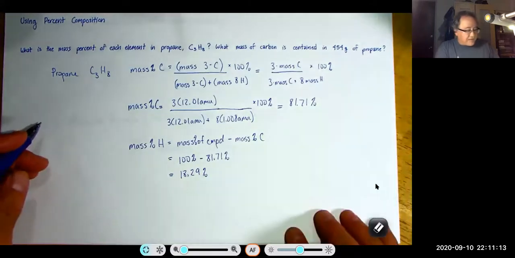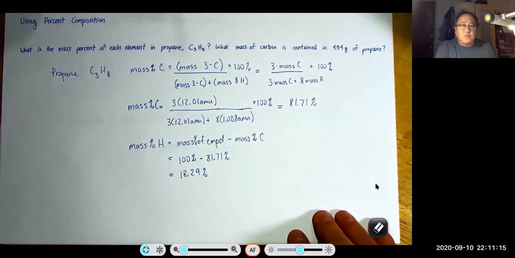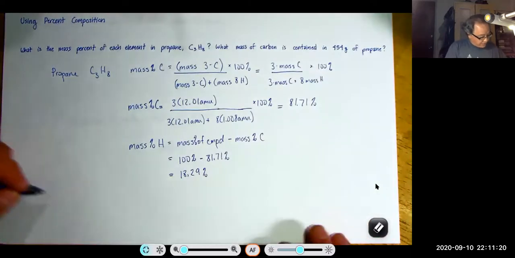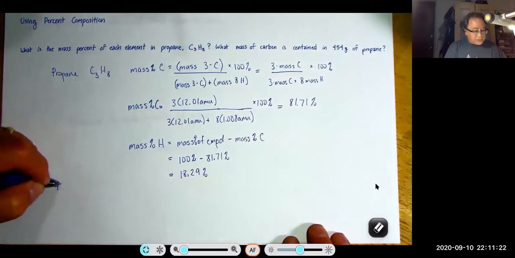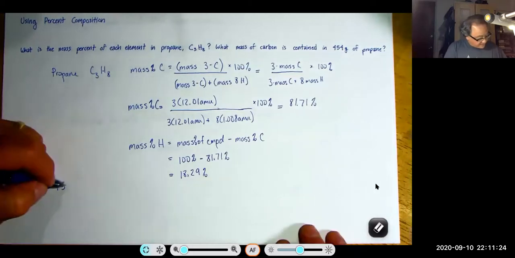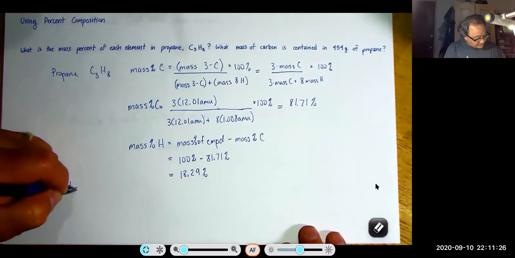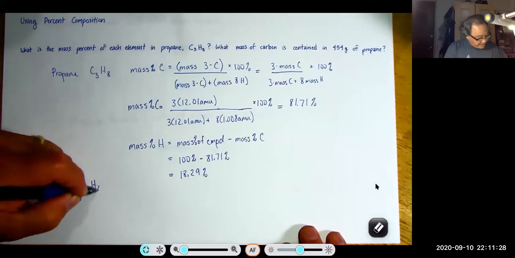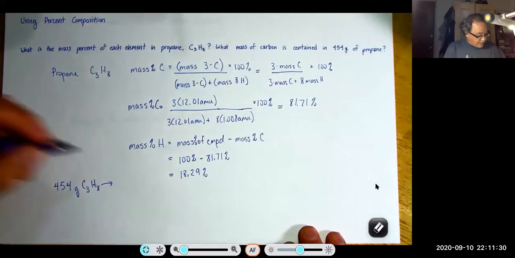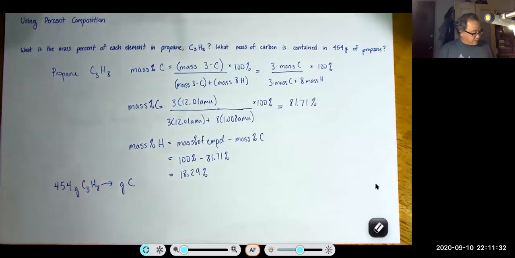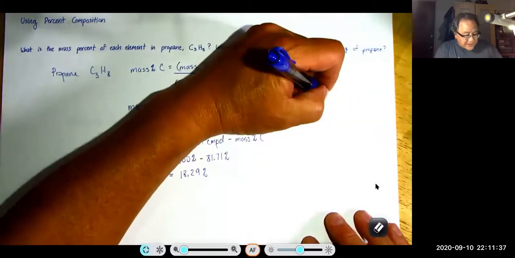Okay, now the next question is, what mass of carbon is contained in 454 grams of propane? So I want to take my 454 grams of C3H8 and I want to turn it into grams of carbon. So how do I do this? Well, the answer is in what this percentage means.